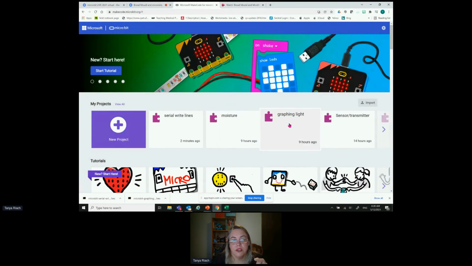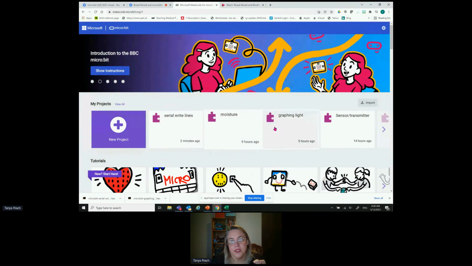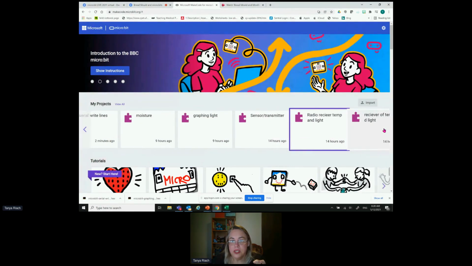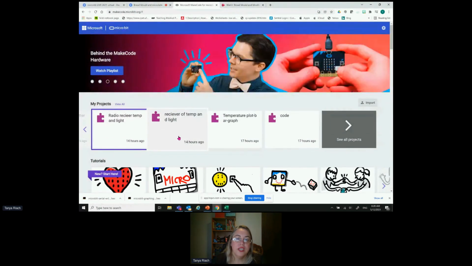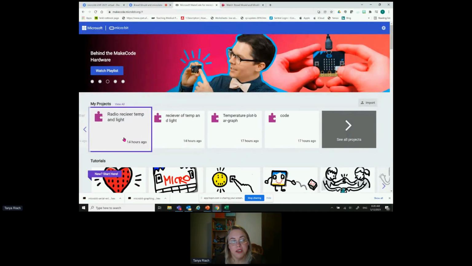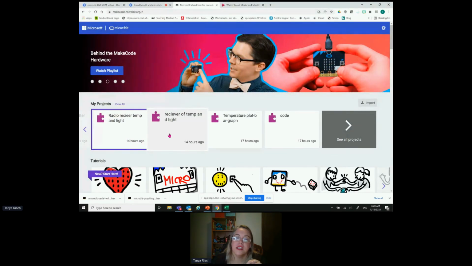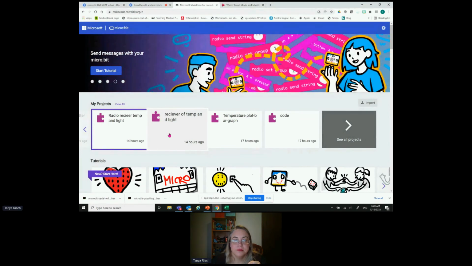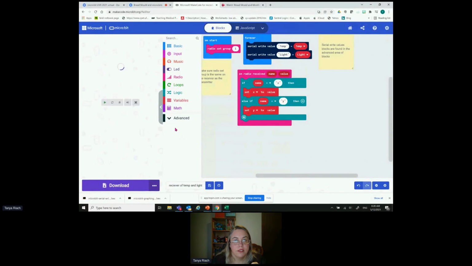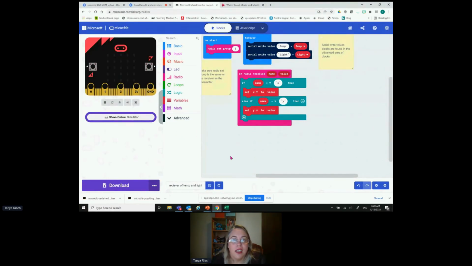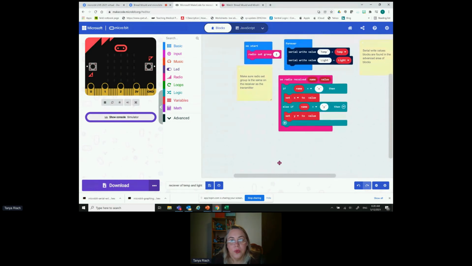So we've looked at graphing the light, we looked at the moisture, we looked at the serial write lines for temperature. Then we got to the harder part, which would be creating the radio receiver and creating the radio transmitter. For this one, we looked at how we could set up the radio.